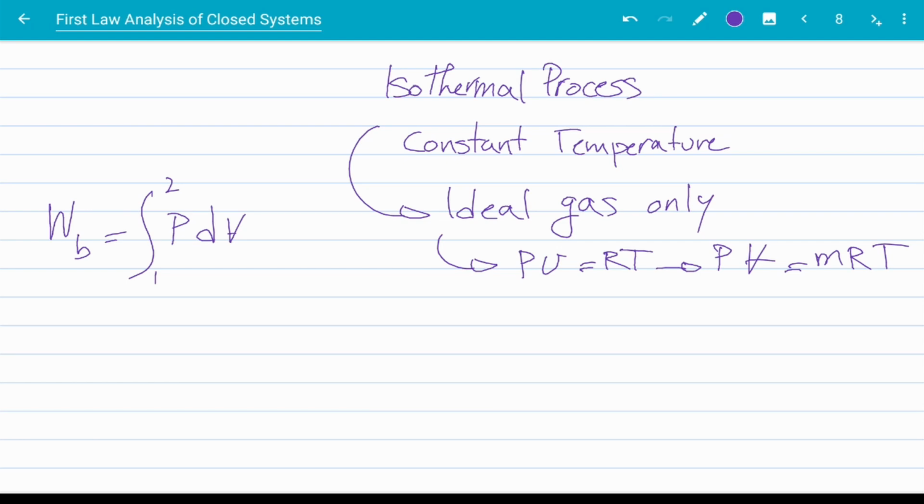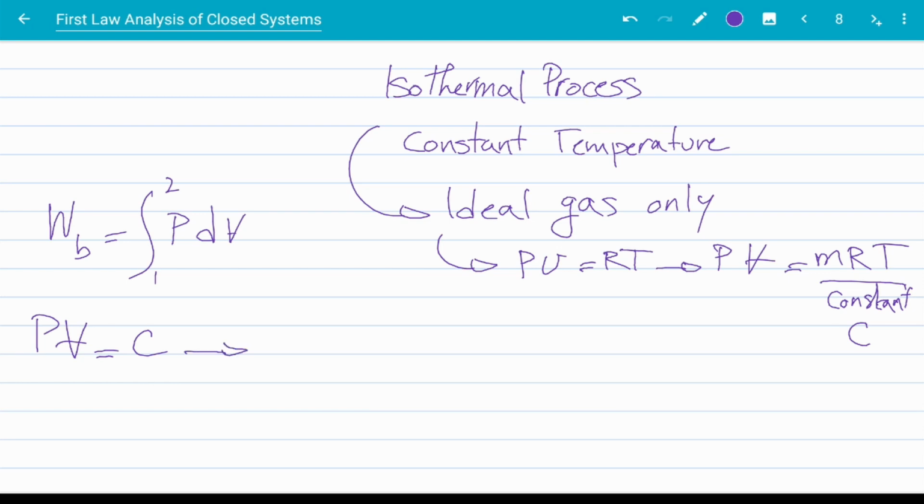The process is isothermal, so the temperature is not changing, and the gas constant is always the same for a specific gas. So the right-hand side of this equation is a constant, always. I'm going to show it with letter C. So I get that pressure times volume is a constant C.